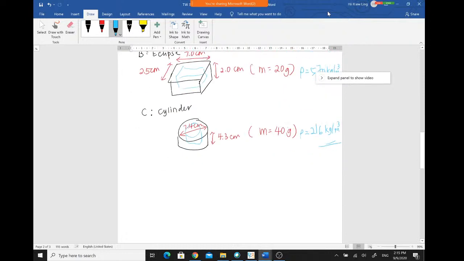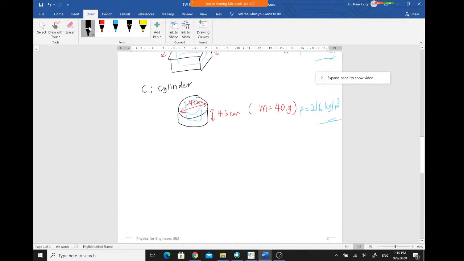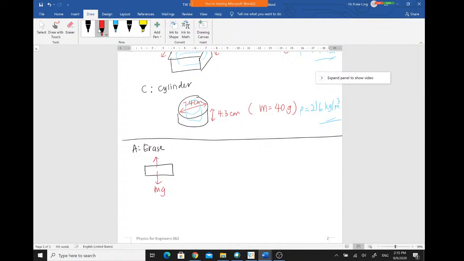So for eraser, draw your free body diagram. Going downwards will be mg, going upwards will be your buoyant force.